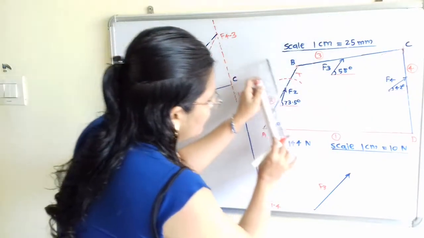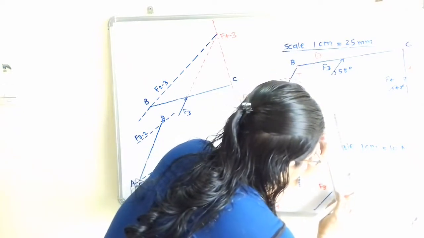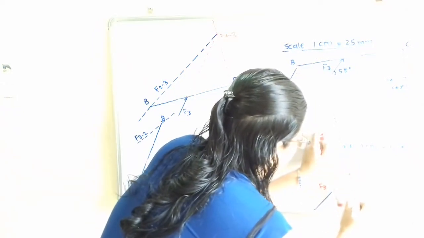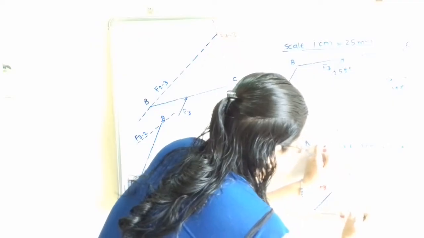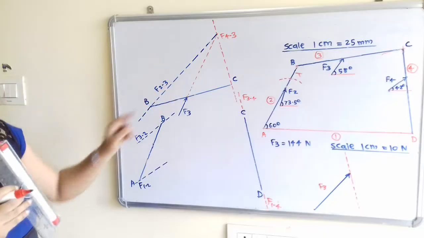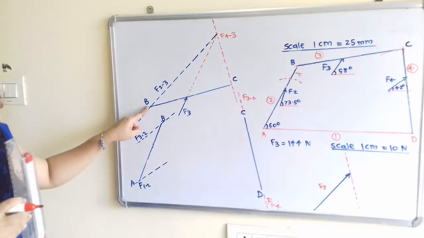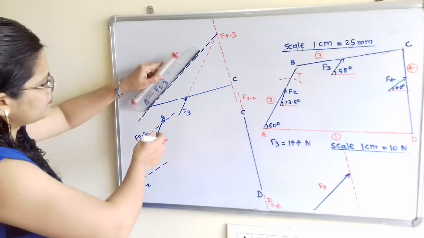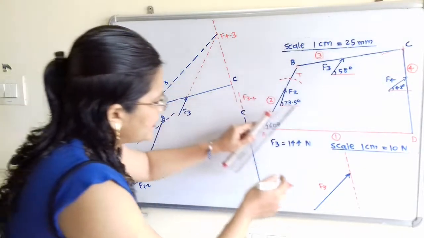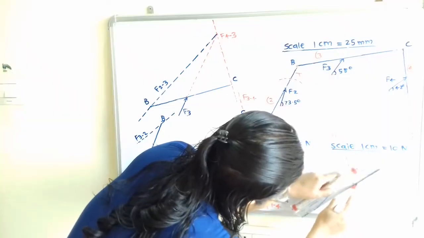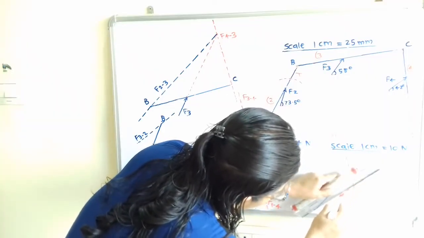So we will draw one line parallel to this, and here we have to transfer this. Then in the same way the third force is F2 to 3. So we have to transfer. So we will transfer at the tail. So we will take here one line parallel to this and we will transfer at the tail.